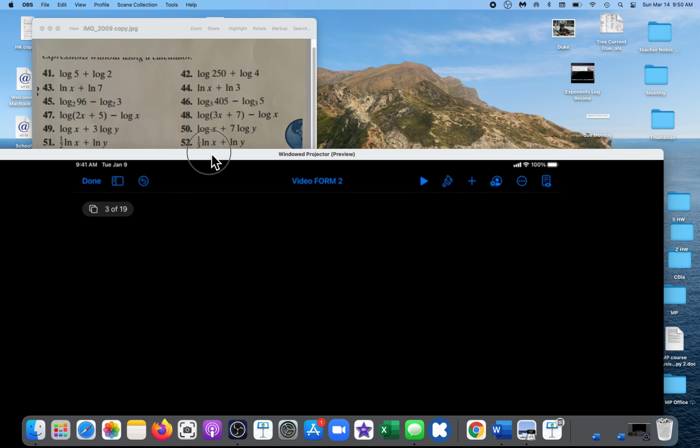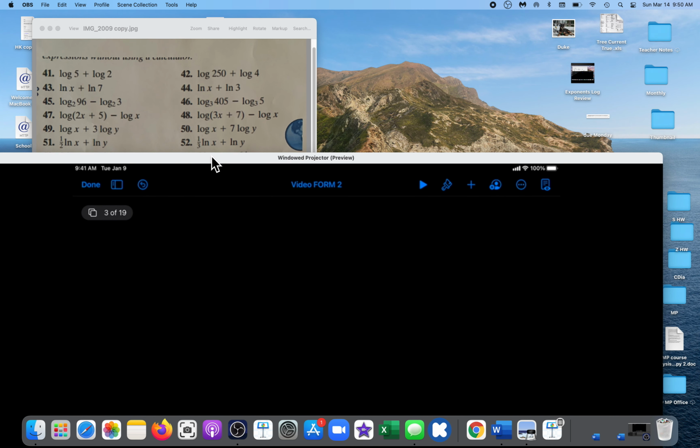Okay, number 52. Same situation. Both plus signs. That means the arguments are going to go in the numerator when we combine them. ln is written twice. We're going to make it once. We cannot proceed yet, however, because we have 1/3 out here in front. So we have to bring that to the top.